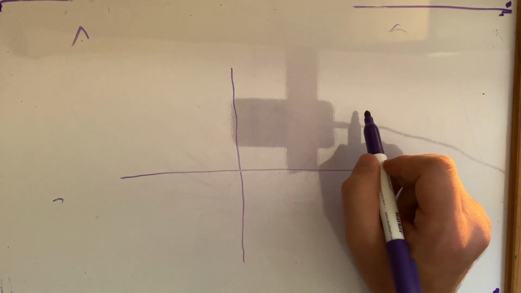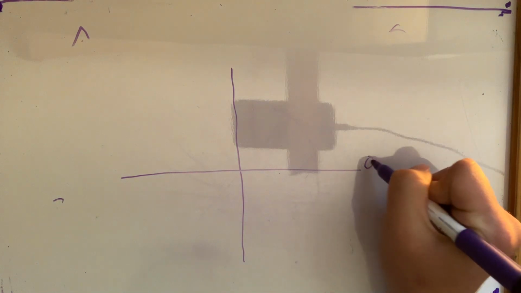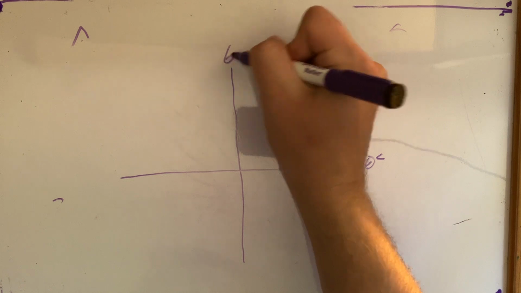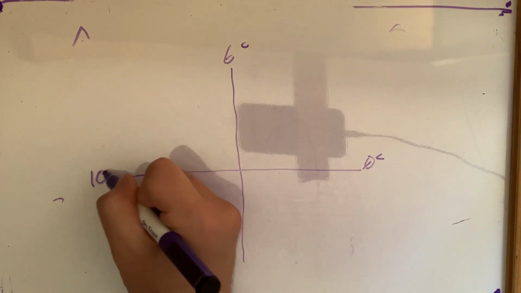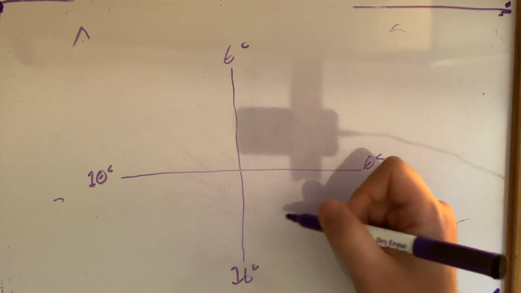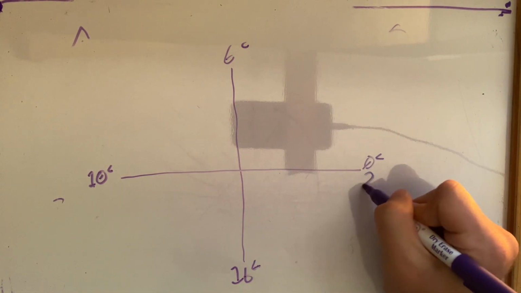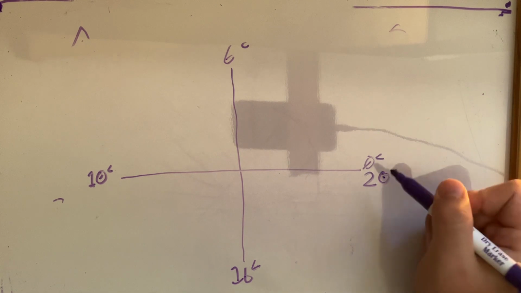Remember our, what was it called again? The unit circle, right? A 0 angle here, a 6 angle here, a 12 angle here, a 16 angle here. It's not 270 degrees. And then we get a 20 angle here.